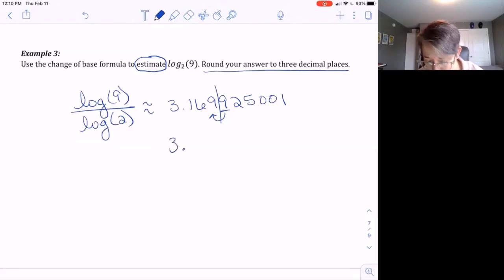So we get 3.170 as our answer. Be careful about putting in log 9, rounding it, and then log 2 and rounding it, because it may not give you the answer that you need to 3 decimal places. You only want to hit enter on your calculator once.